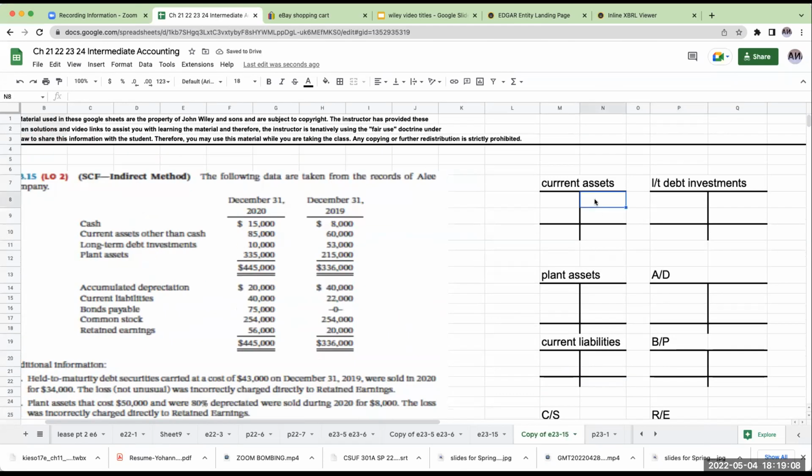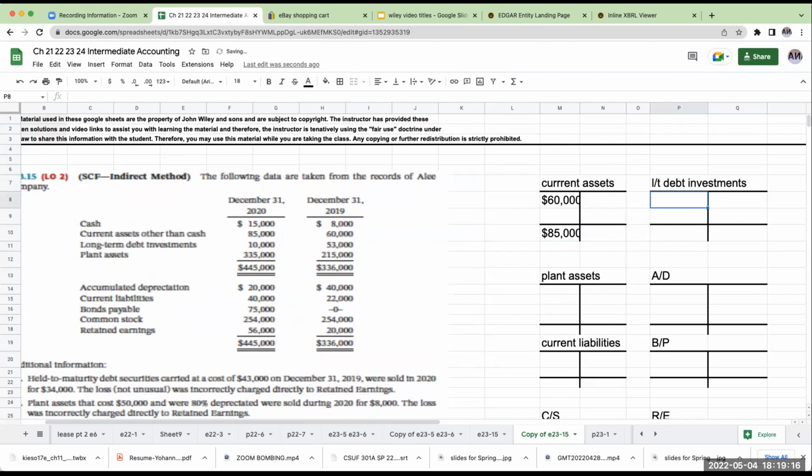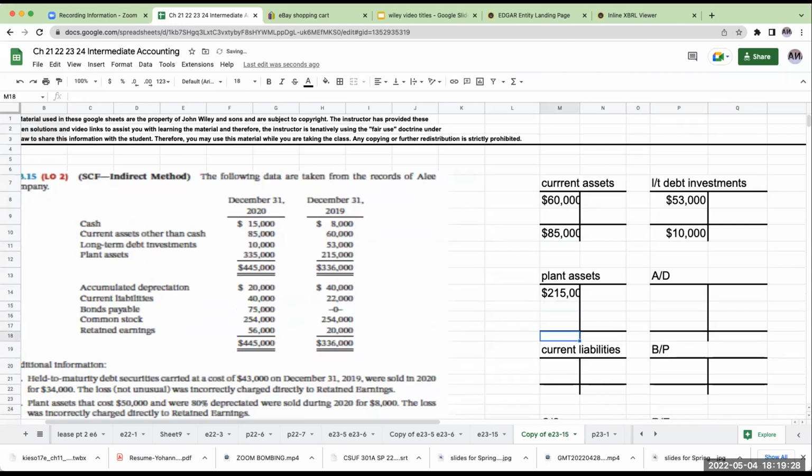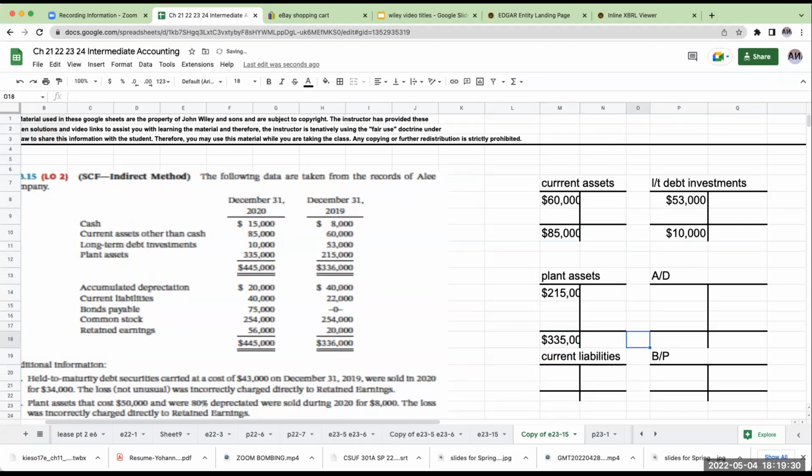Next, my current assets had an opening balance of 60,000 and an ending balance of 85,000. My long-term debt investments had a beginning debit balance of 53,000 and an ending balance of 10,000. My plant assets had a beginning balance of 215,000 and an ending balance of 335,000.